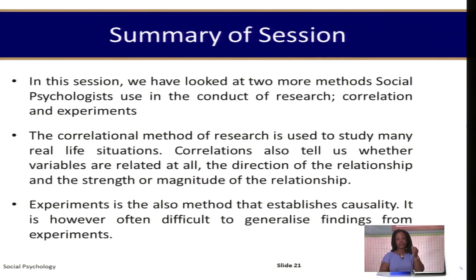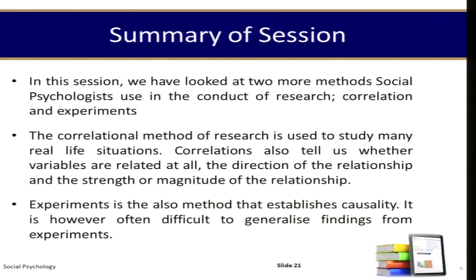And what is the strength? What is the magnitude of the relationship? Then with experimentation, we want to establish causality. Does this cause this? Does provocation cause annoyance? Does A cause B? That's the main difference between the two methods. One establishes causality, the other does not.